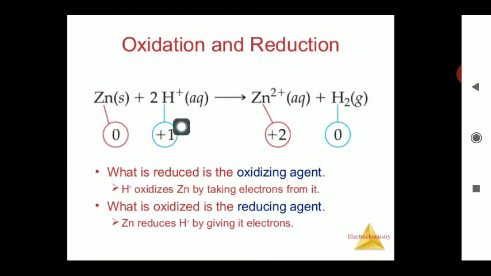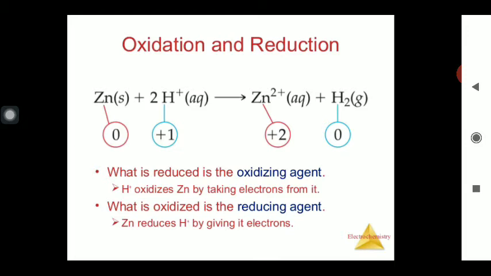This is zinc, this is H2SO4, and they combine to form ZnSO4 plus liberation of H2 gas. So this reaction is a very simple single displacement reaction where zinc displaces the hydrogen from the sulfuric acid.